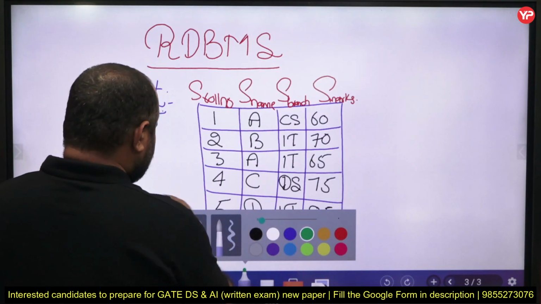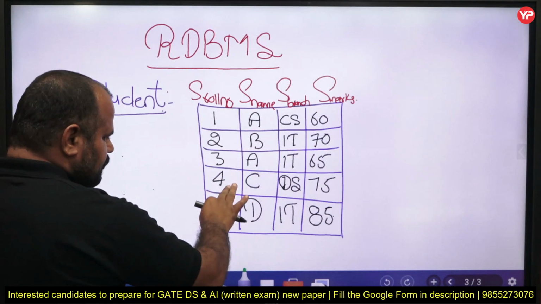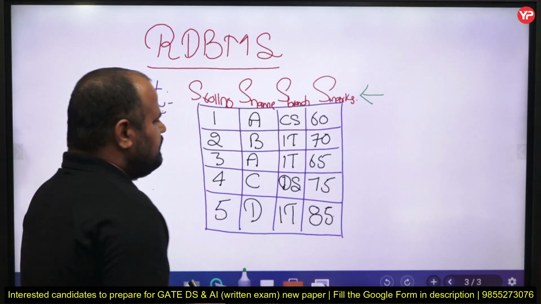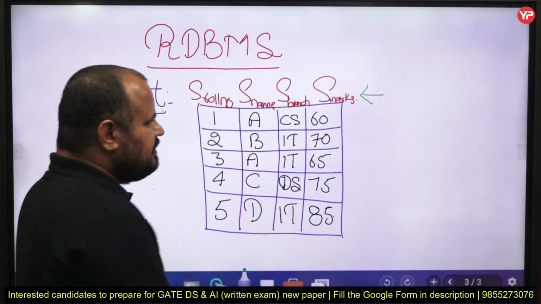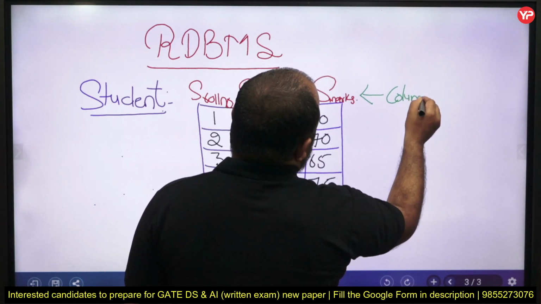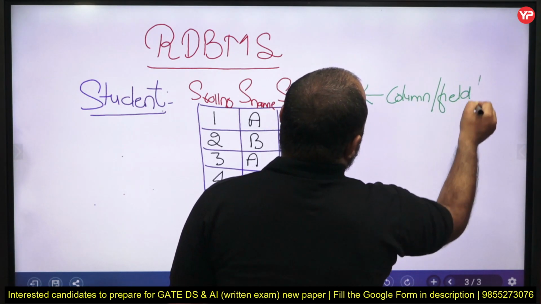We have column names and we have rows. So these column names in my DBMS are called column, field, or attribute.